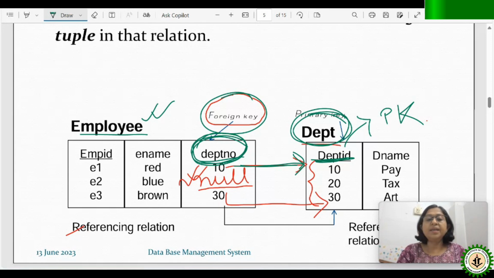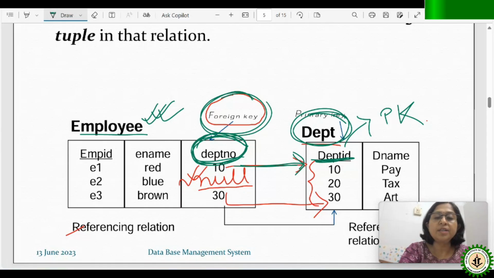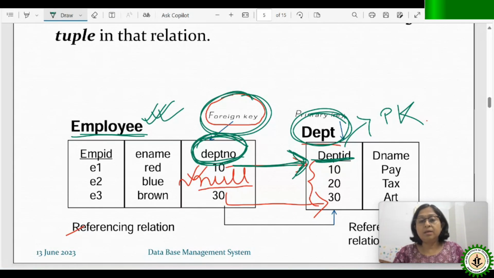So we can say the department number of the employee table is the foreign key in the employee table. But again, I'm saying one thing: a foreign key does not imply that it must refer to some other table's primary key. Not necessarily. It may refer to itself also.